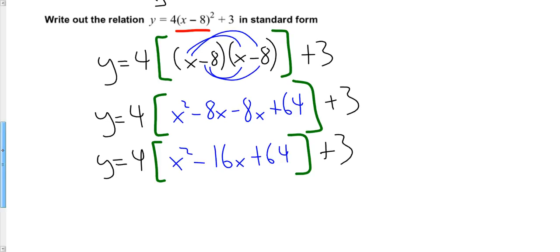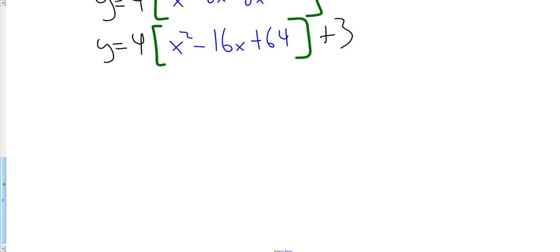Now we're going to continue on. Now that we've simplified the middle term, the green bracket, we've got a BEDMAS problem. We've got in brackets this x squared minus 16x plus 64, and that's being multiplied by the 4 out front. The 4 out front is a coefficient, so we're going to multiply through.